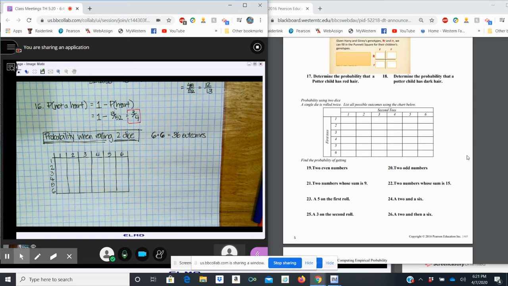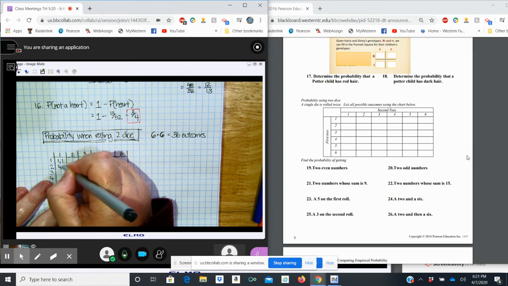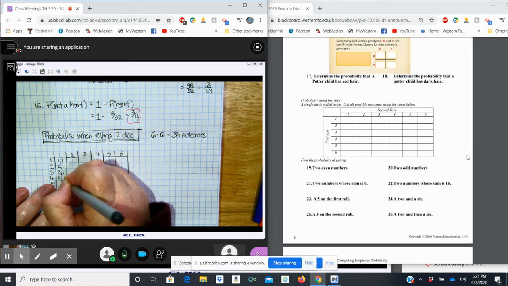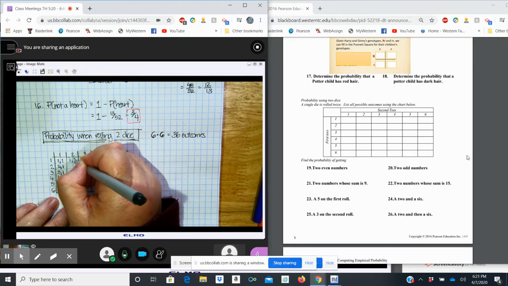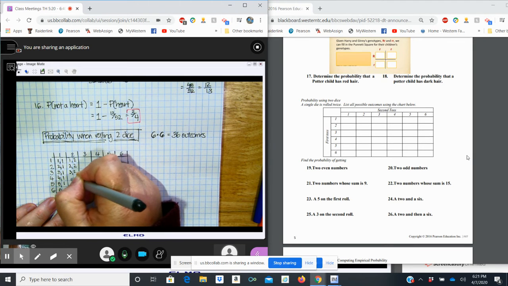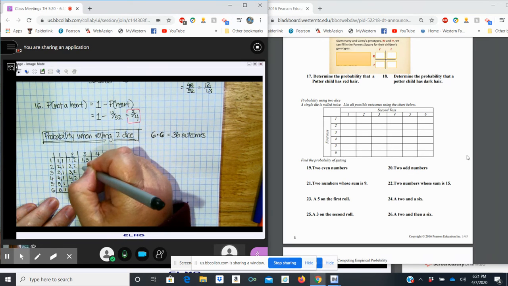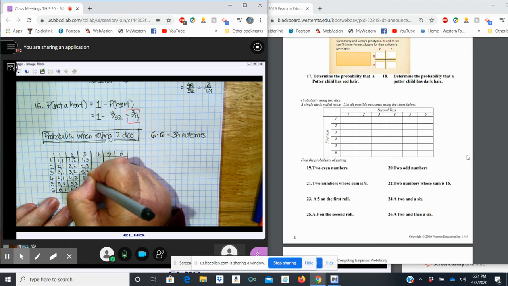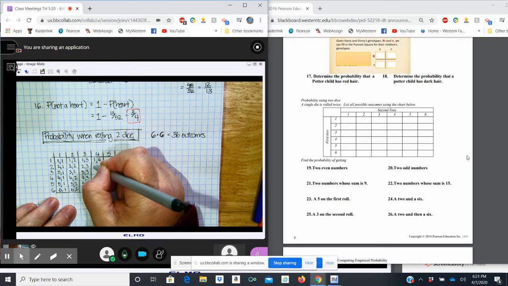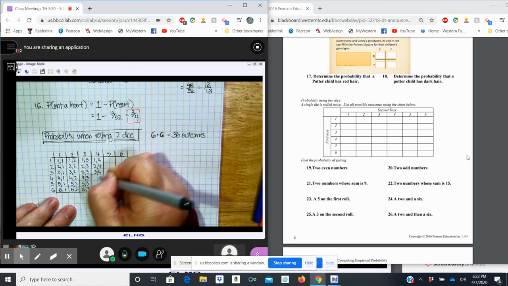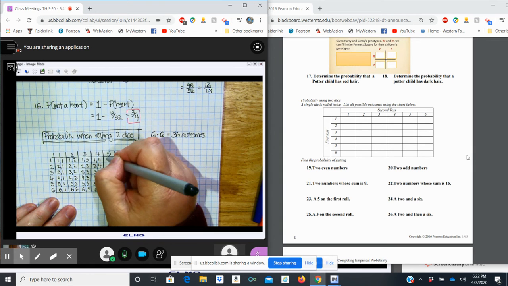We have to consider that we could have rolled a 1 with a 1, a 2 with a 1, a 3 with a 1, a 4 with a 1, 5 with a 1, 6 with a 1, with a 2, a 2 with a 2, a 3 with a 2, a 4 with a 2, a 5 with a 2, or a 6 with a 2, a 1 with a 3, a 2 with a 3, a 3 with a 3, a 4 with a 3, a 5 with a 3, a 6 with a 3, a 1 with a 4, a 2 then a 4, a 3 then a 4, a 4 and a 4, a 5 and a 4, a 6 and a 4.